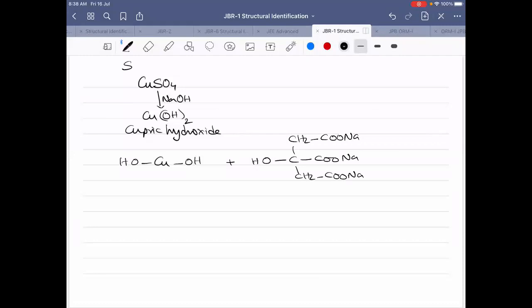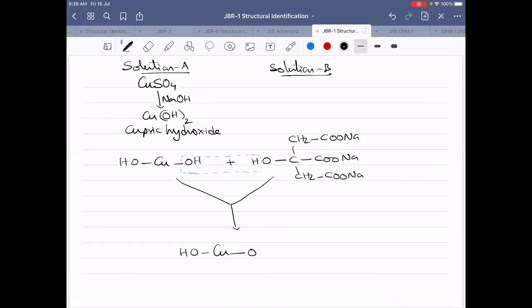Let's say this is solution A and this is solution B. Now these solution A and solution B will be added in equal amounts, and there will be a removal of a water molecule, and it results in the formation of Cu, OH, O, C, CH2, COONa, COONa.